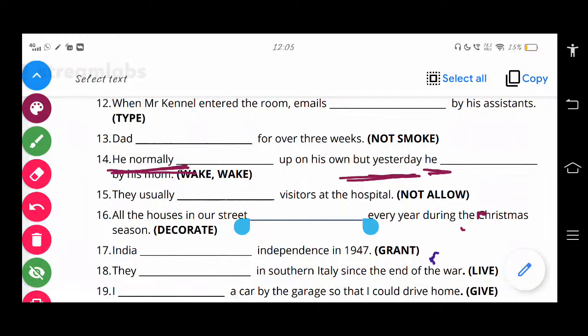So he is the receiver of the action. So it's a completed action, but it is a non-doer approach, nothing but a passive sentence. In the passive sentence, a completed action can be expressed by using was or were plus the third form of the verb. Therefore, he normally wakes up on his own, but yesterday he was woken by his mom. Okay?